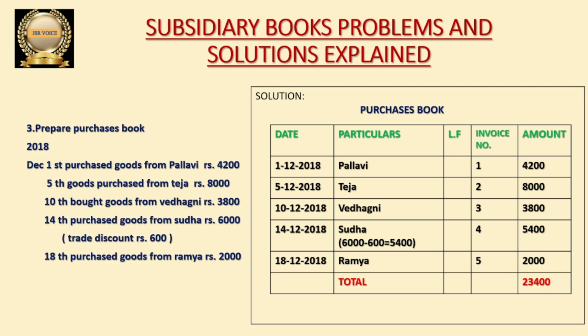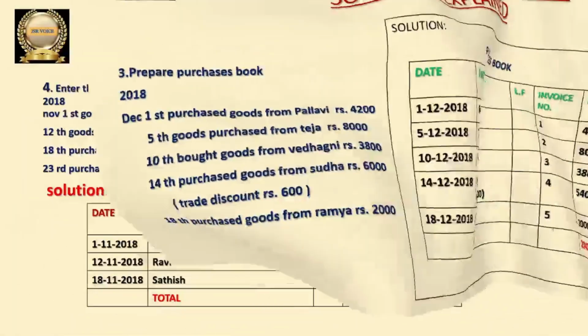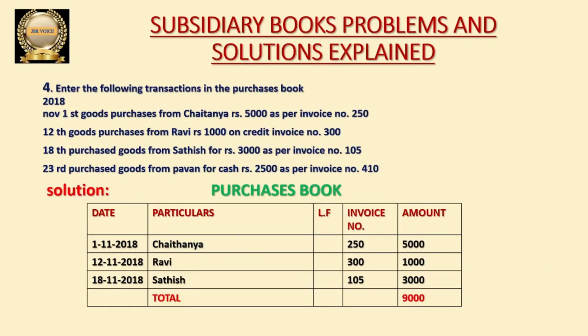Okay, let us discuss the next one. So this is the next question. Enter the following transactions in the purchases book. So again we have to prepare the purchases book only. 2018 November 1st.